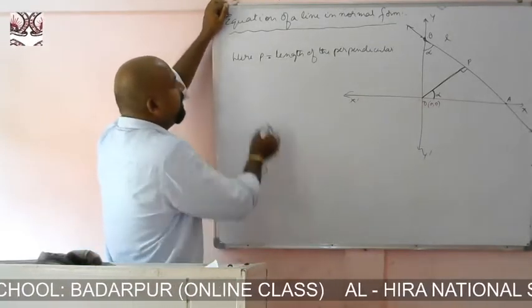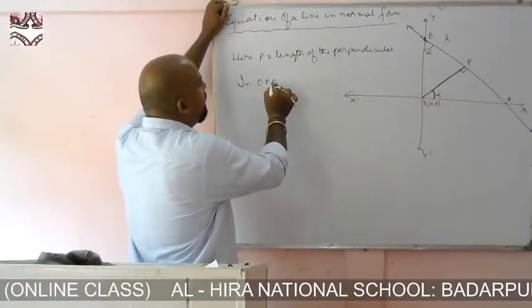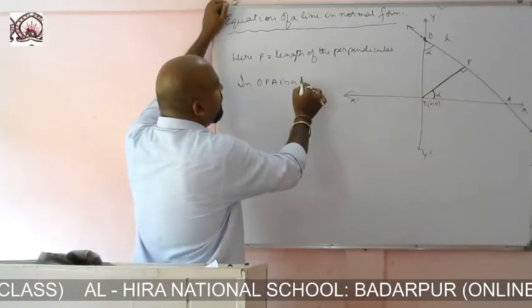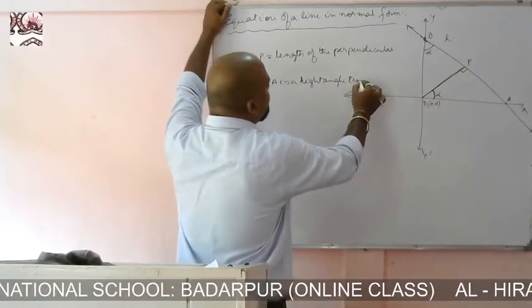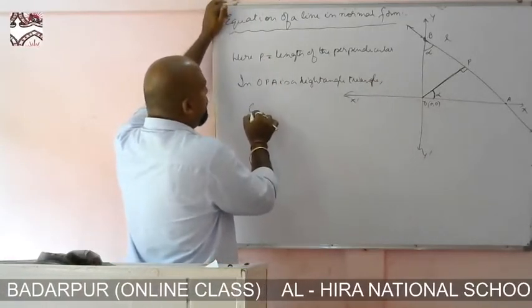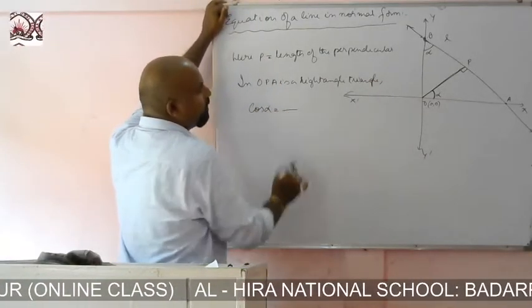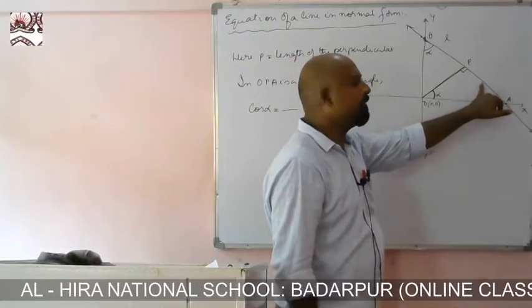Now as triangle OPA is a right angle triangle, what can you write? Cos alpha is base over hypotenuse.